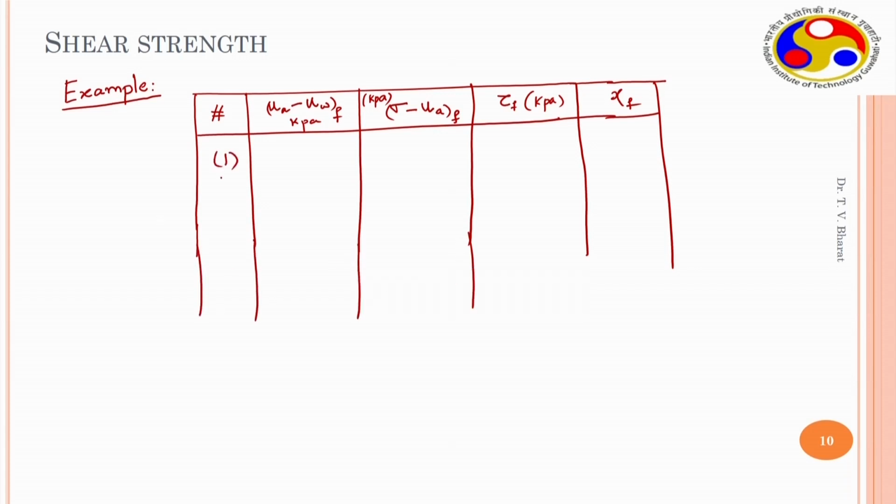So, first set of tests, this is a test number. So, first test is conducted by maintaining a suction value of 0. So, this is a data of sandy soil on suction controlled direct shear.